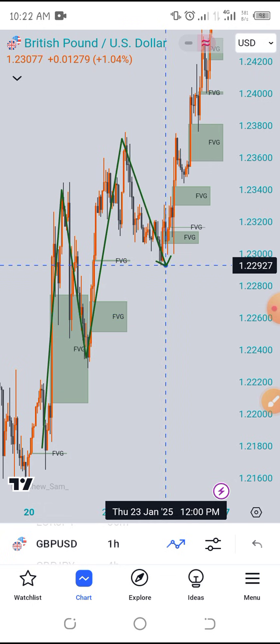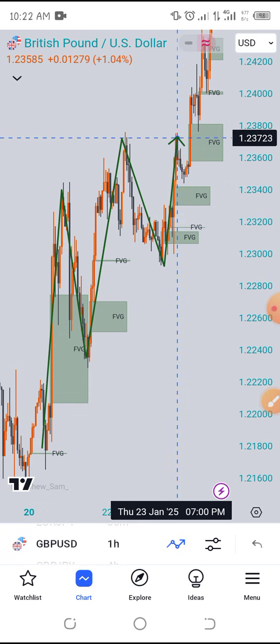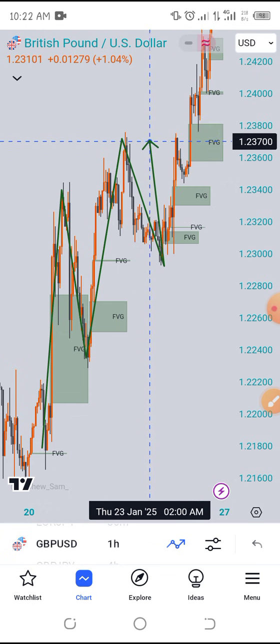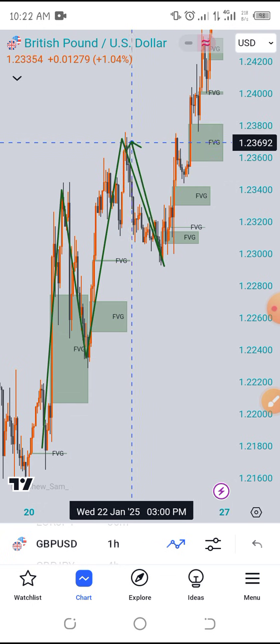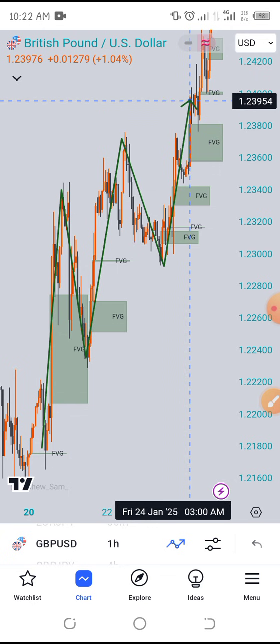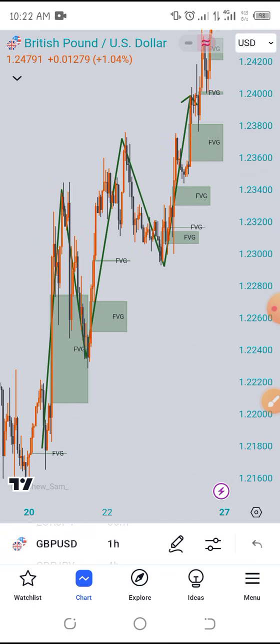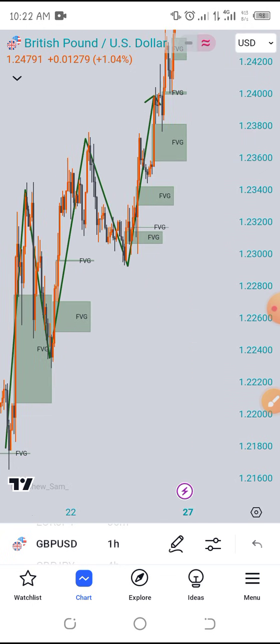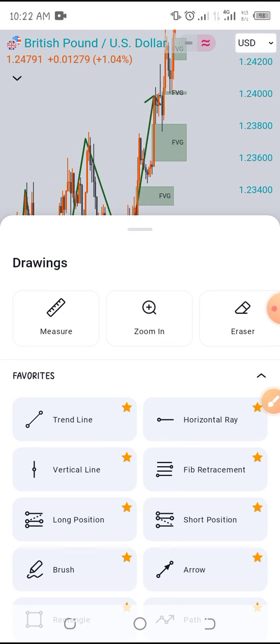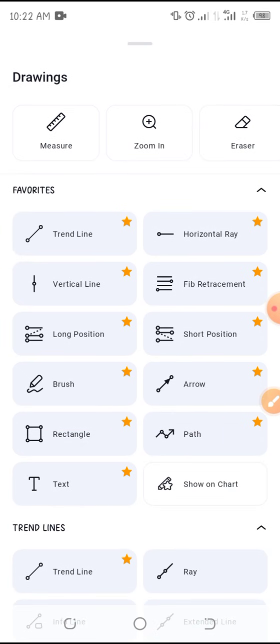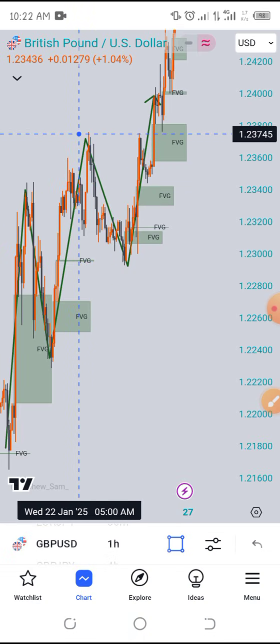So the market traced down to this particular low and gave us another break of structure to the upside, taking out this particular high. So the market broke up to this level. At this point, when this breakout happened, that was when I spotted that this double top that was taken out were the two major reference points that I used.